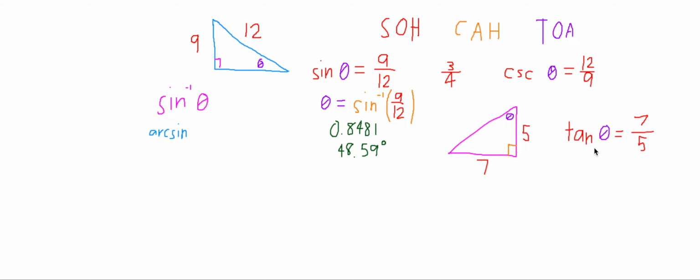Now we can simply solve for theta by taking the inverse tan. Once we do trig equations, we can see how this works. So theta equals tan inverse of 7/5.